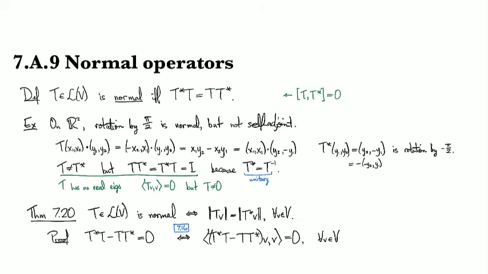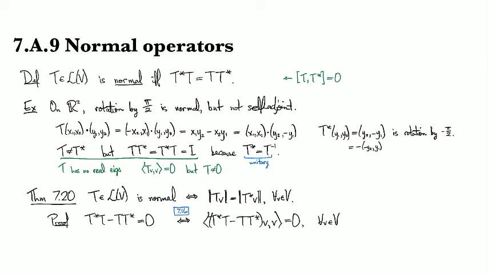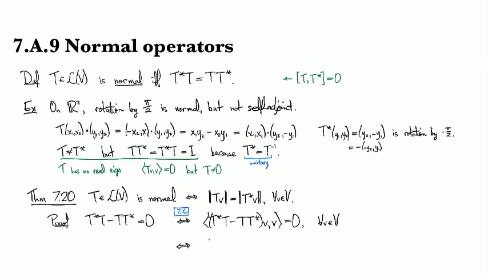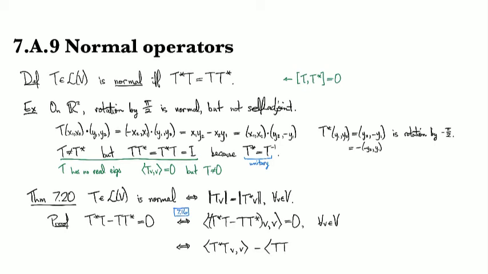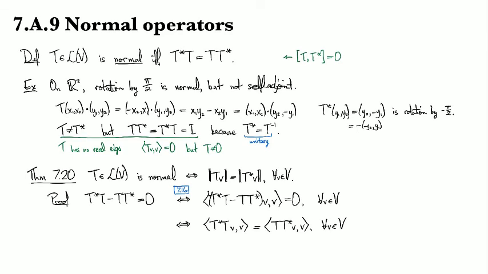Doing a little bit of arithmetic, I can use linearity in the first slot to split this, and so this is <T star Tv, v> minus <TT star v, v> being equal to 0, or in other words, being equal to each other for all v.